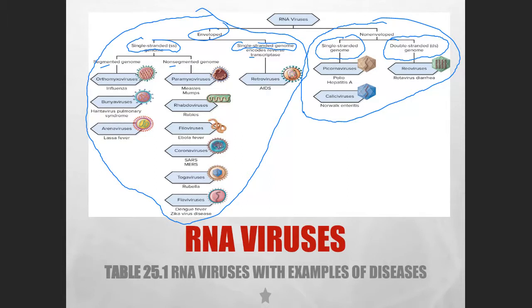For the naked single-stranded RNA, there are two groups, picornaviruses and caliciviruses, while the naked double-stranded RNA has only one group, which is reoviruses.